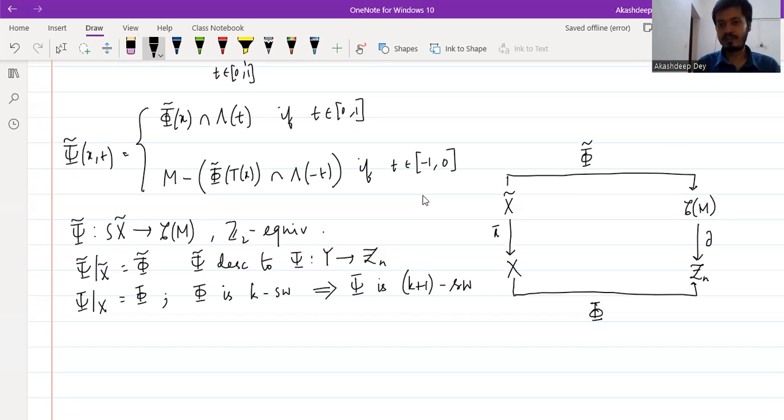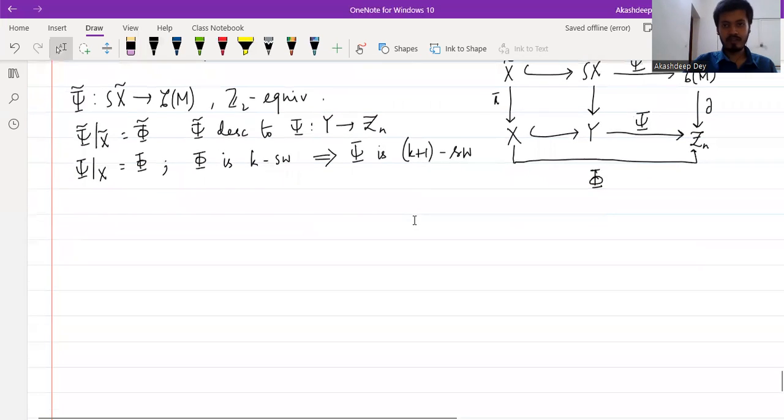And then we constructed the suspension of x tilde, Sx tilde. So x tilde sits inside Sx tilde. And then we considered the quotient of Sx tilde by Z mod 2. We call this space Y. X sits inside Y. Then we define psi tilde from Sx tilde to Cm. Psi tilde is Z mod 2 equivariant. Psi tilde is an extension of phi tilde. And then psi tilde descends to a map psi from Y to Zn, and this psi is an extension of phi. And this psi is a k plus 1 sweepout.